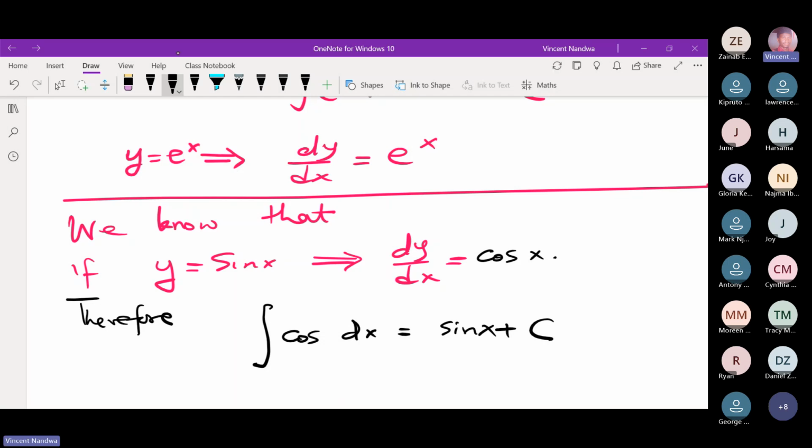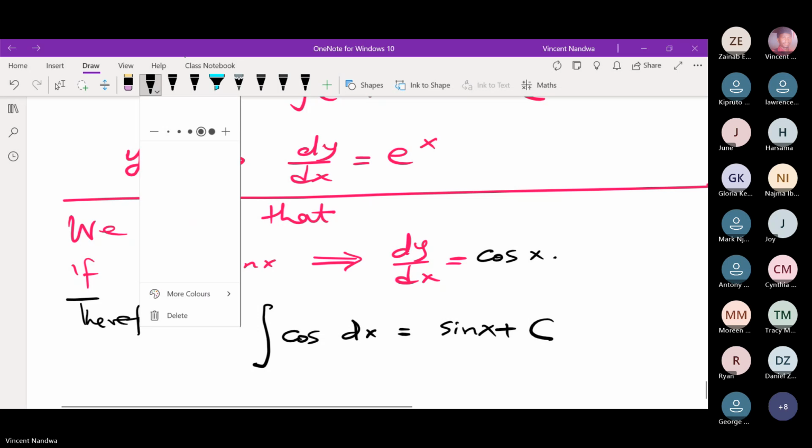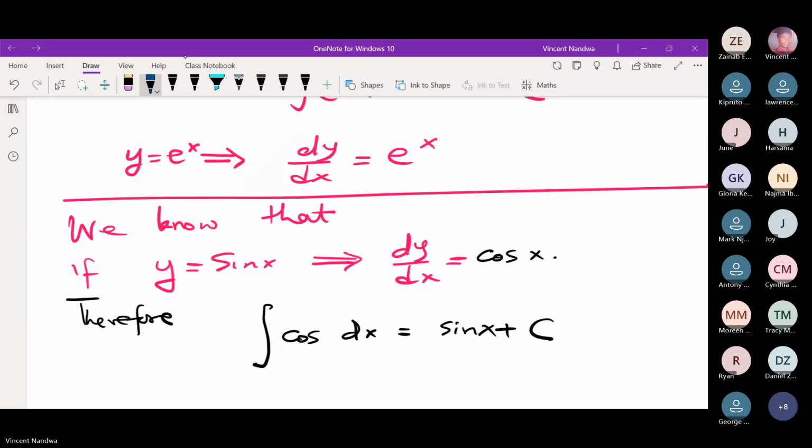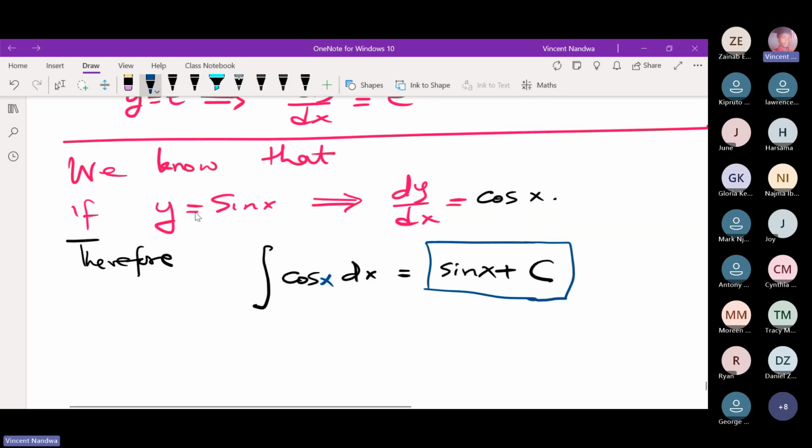Because remember, without me writing this answer, when I write the integral of cos x dx, I mean, can you find a function whose derivative is cos x? And that function is sine x. So in general, the integral of cosine of x is sine x, and the whole family of such functions will be sine x plus c.